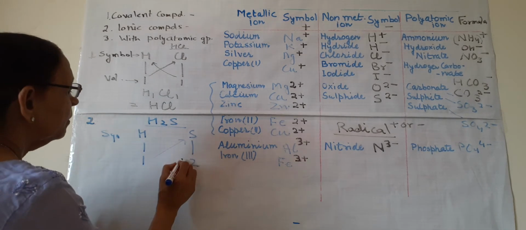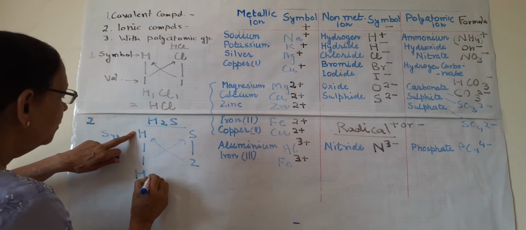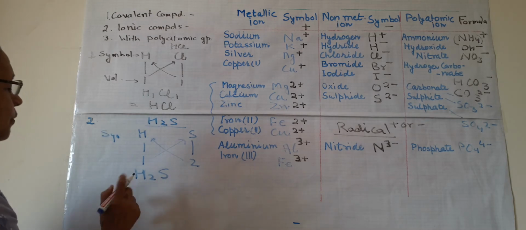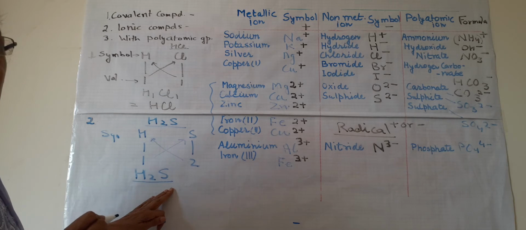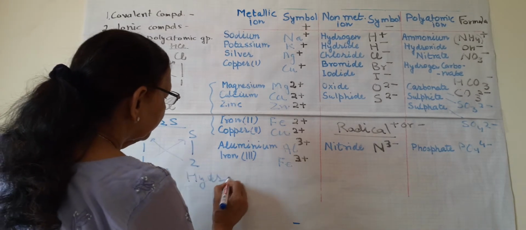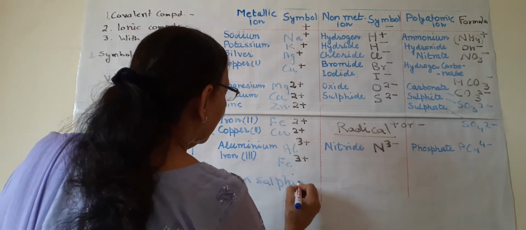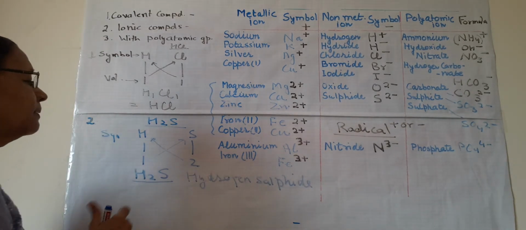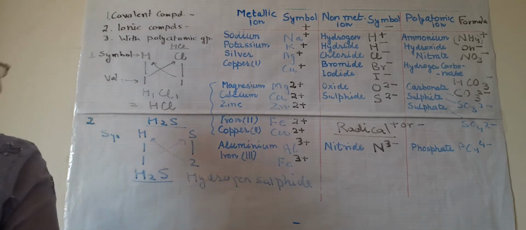So crisscross, what do we get? H2S1. We generally don't write 1. So the formula of hydrogen sulfide is H2S. This is a gas with a rotten egg smell. This is a gas and this is the formula of hydrogen sulfide.